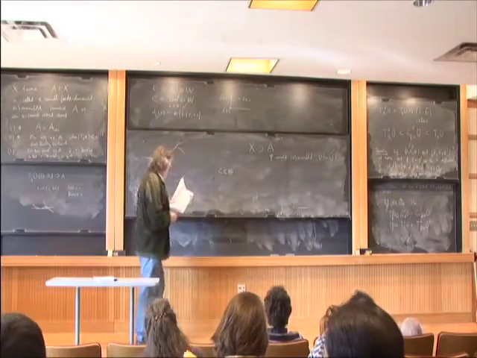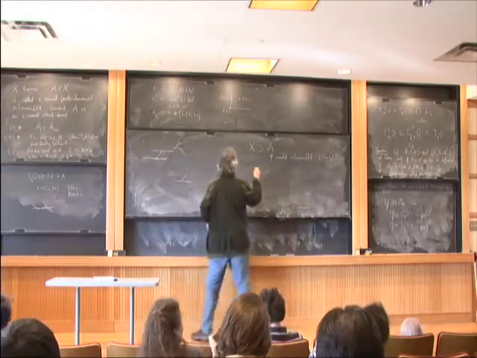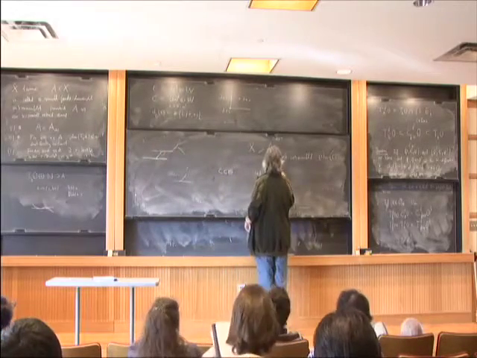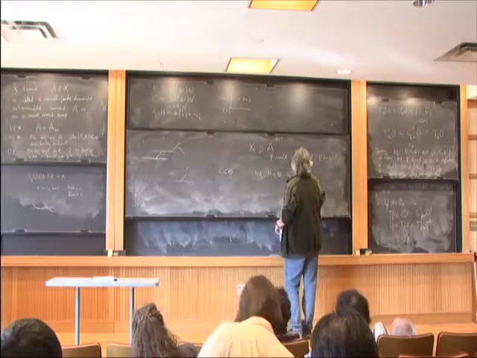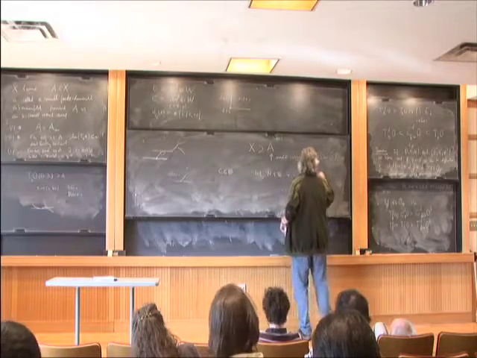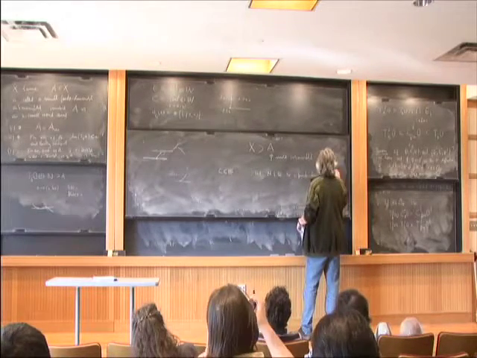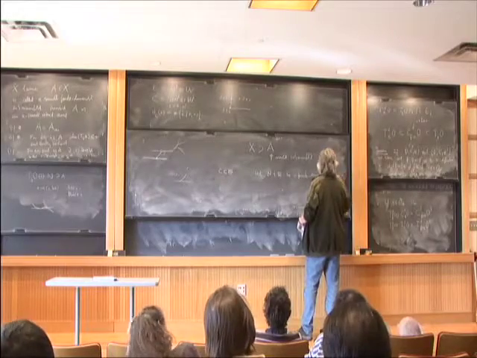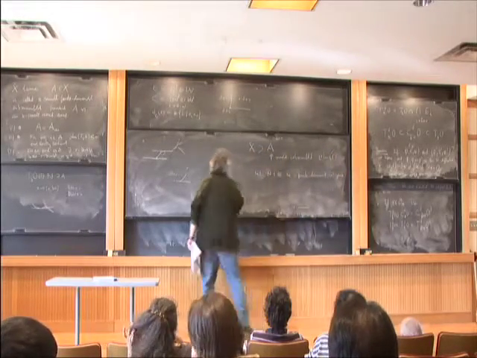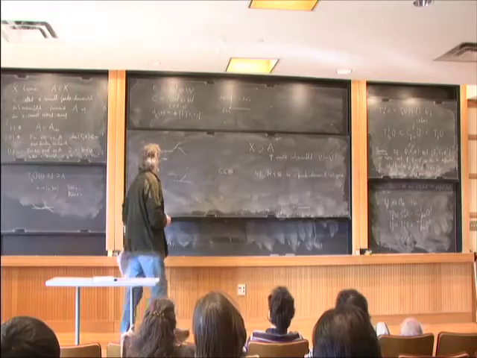Okay, so let N be a finite dimensional subspace. I want to define first what it means to be in good position to the boundary. So I have a partial quadrant. I have this here.